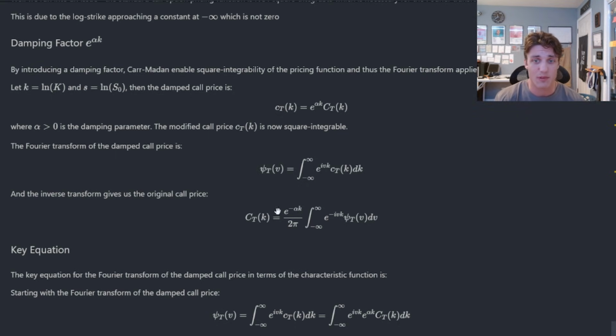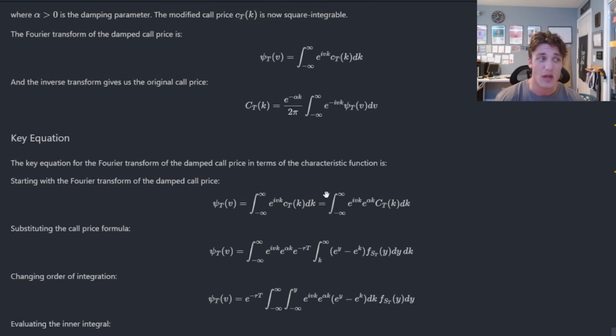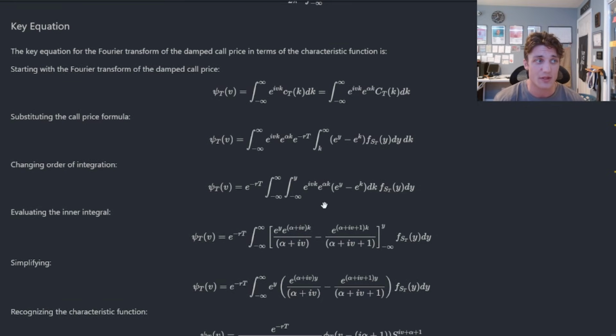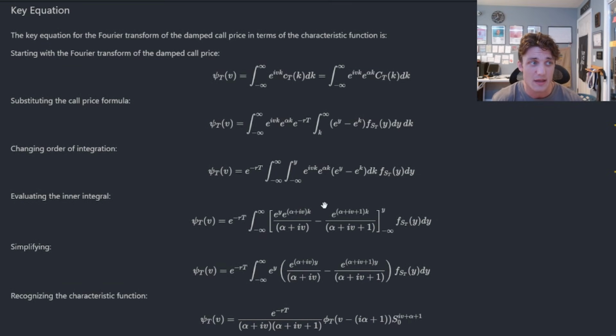Because if we can apply the Fourier transform to option prices and this option pricing function, and we know the characteristic function that governs the randomness of our stock price process, in this case a Heston framework, then we can develop a relationship between the two.